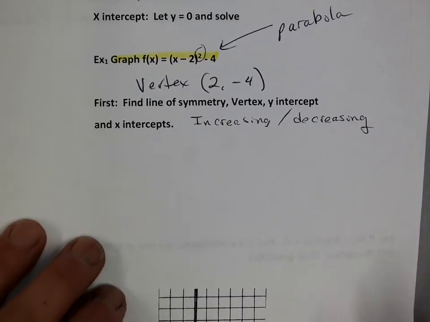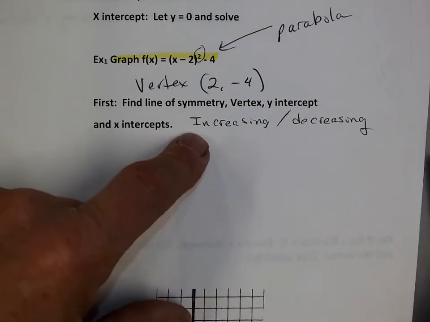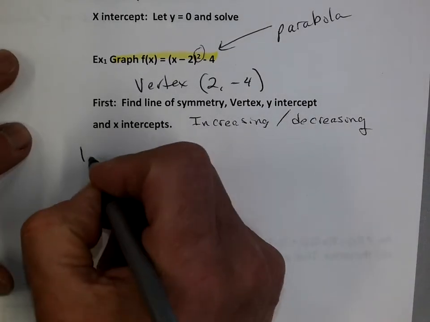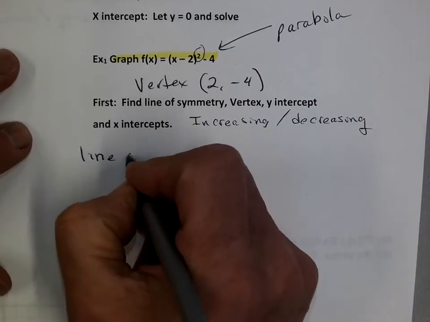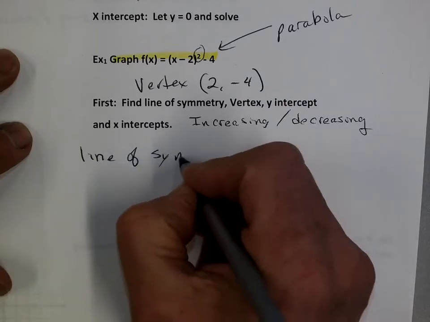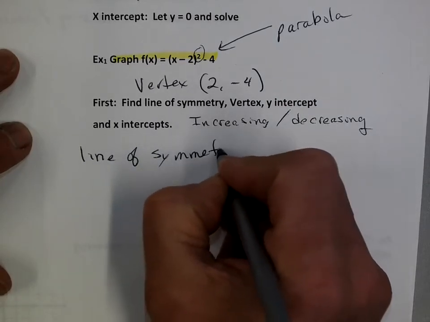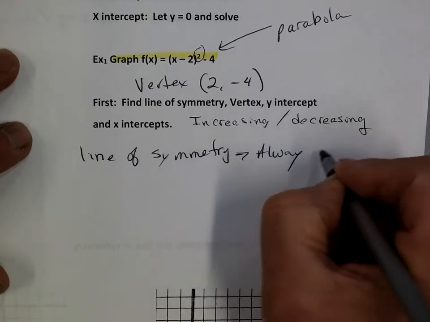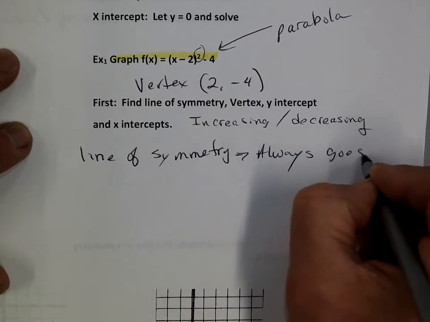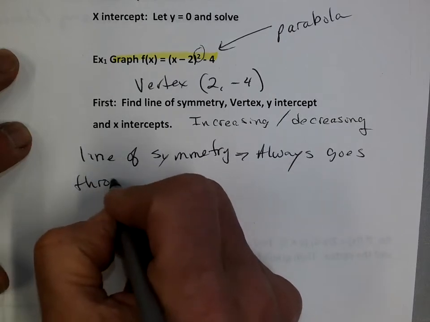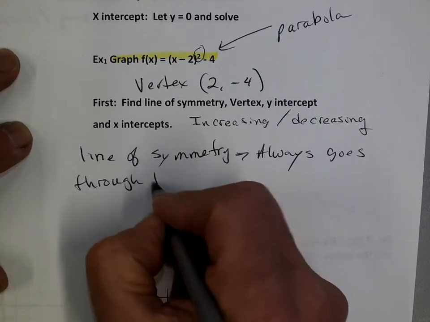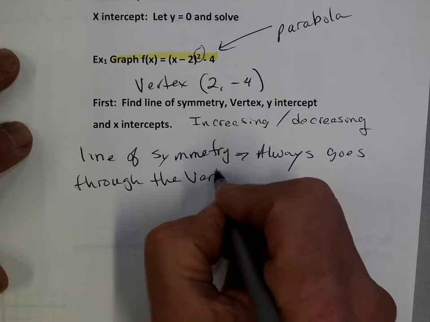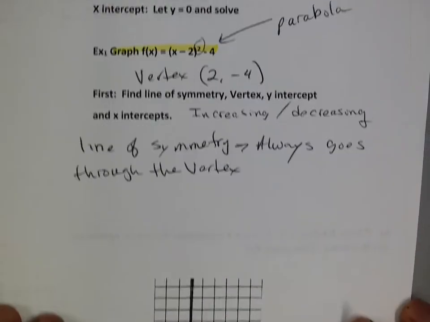The line of symmetry always goes through the vertex. Okay, so let's see what that means.